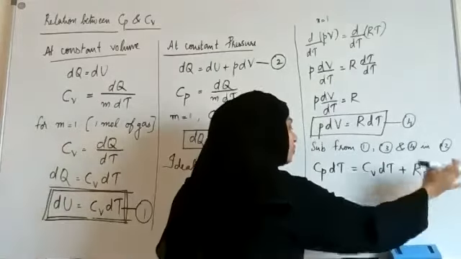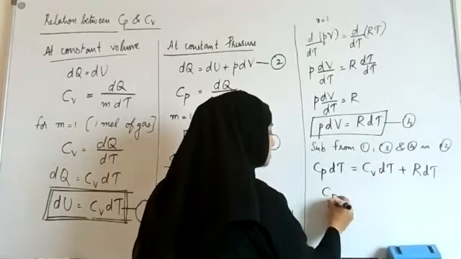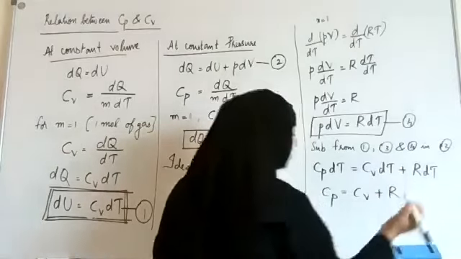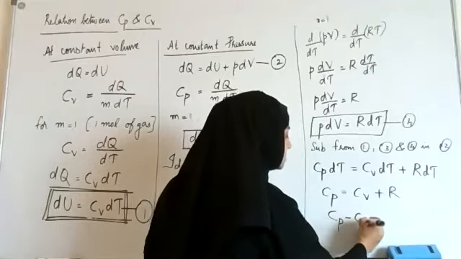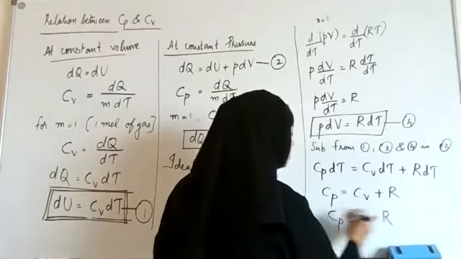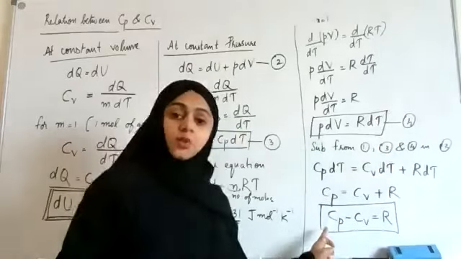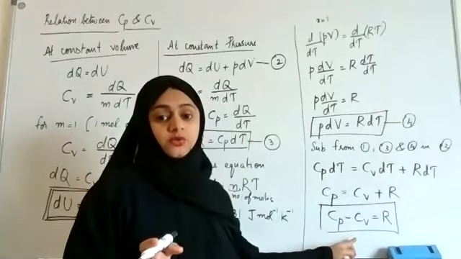So dT comes throughout, so we can cancel it out and the final equation becomes Cp is equal to Cv plus R, which is usually represented as Cp minus Cv is equal to R. So this is the relation between the molar specific heat at constant pressure and at constant volume.